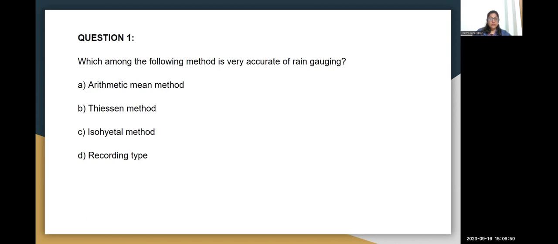The question is, which among the following method is very accurate for rain gauging?